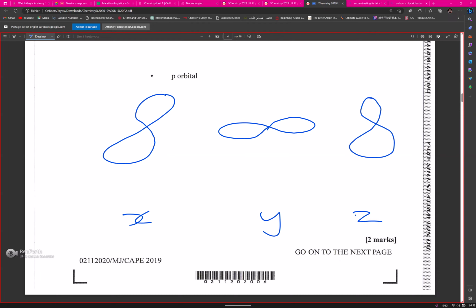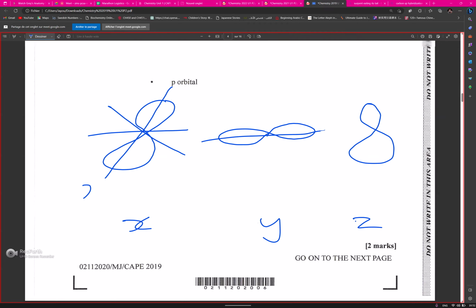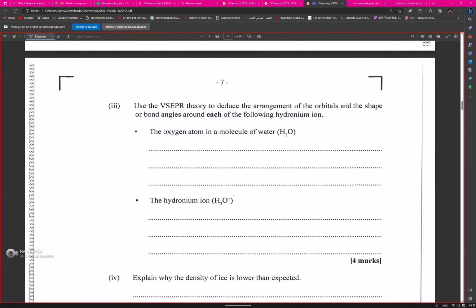It really doesn't matter which axis you put it on, right? It's just that you draw it with the axis labels, right? Alright, so we have those.